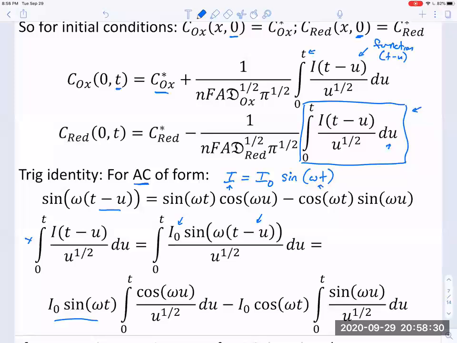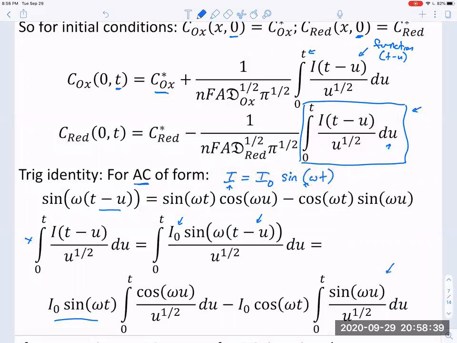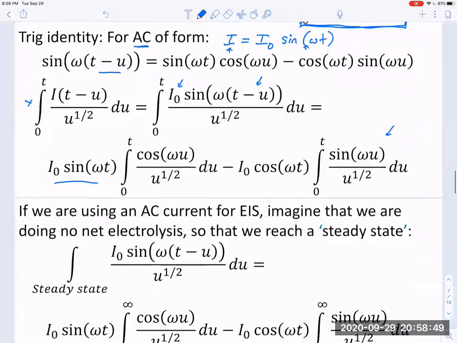So it's basically just taking this portion here, putting that into our integral, and then we get this integral that we're using. Okay, so that's just this boxed section. It's not the full equation yet, but it's just helping us solve that boxed equation.